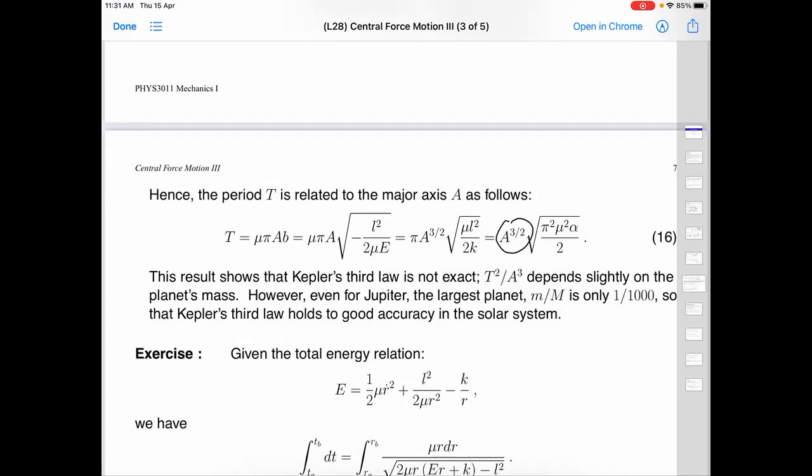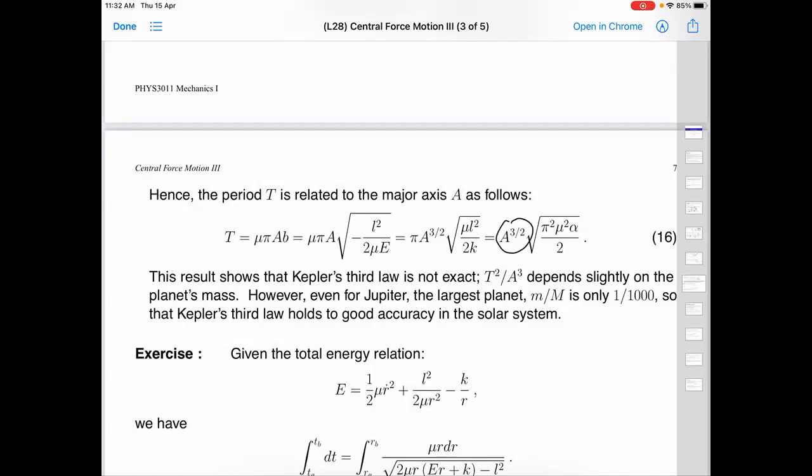Now, according to the third law, the capital T must be proportional to A to the power 3/2. It should apply to any planet. But actually, the proportionality constant is not a constant. Am I right?